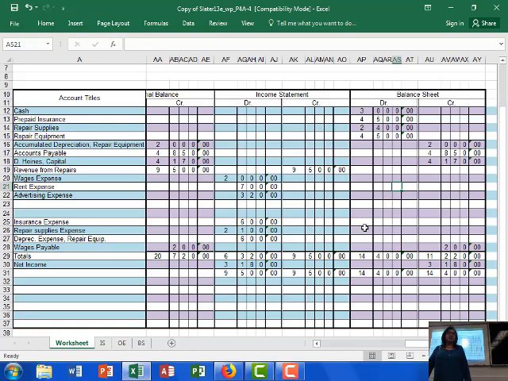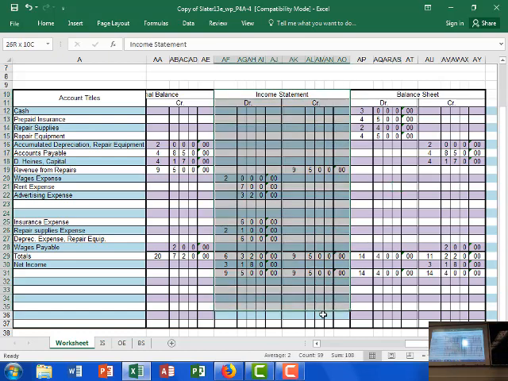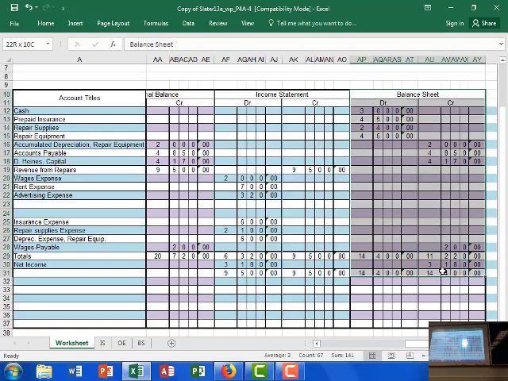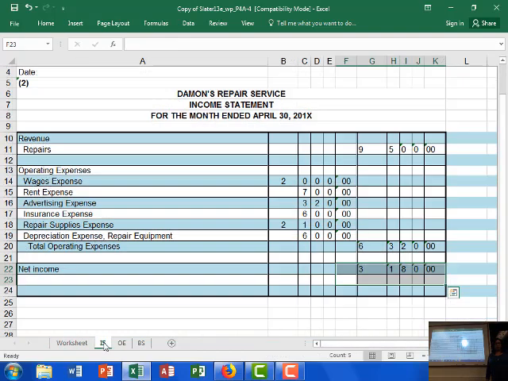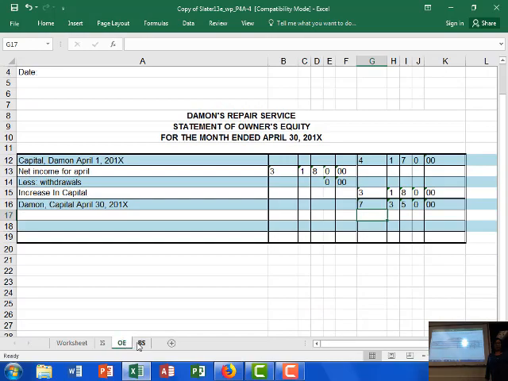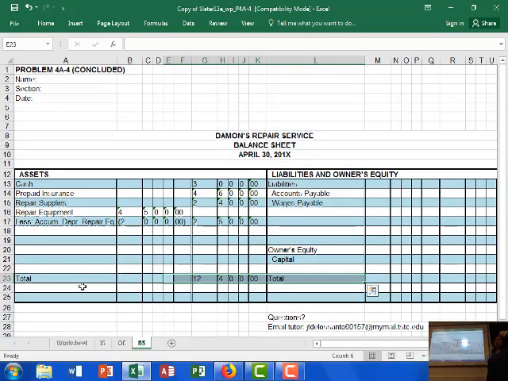Okay? Don't get confused. And now the other thing that's missing between the worksheet and the formal financial statements is basically the statement of owner's equity. Because you notice how we went from income statement straight to the balance sheet on the worksheet. Correct. Within the formal financial statements, you always do income statement first, owner's equity second, balance sheet third. Because they need each other.